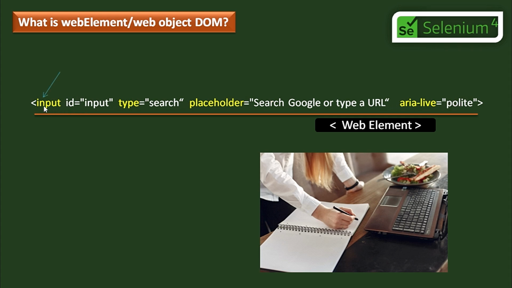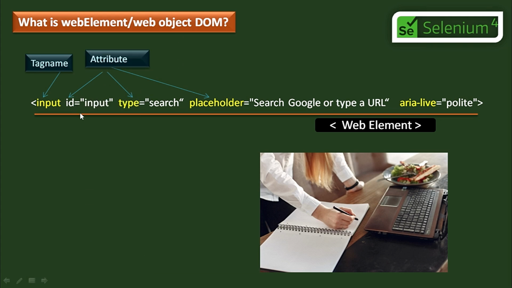Now this input, immediately after the less than sign, we call the tag name. And whatever you are seeing here, like the ID, type and the placeholder, before the equal to sign, we call the attributes.